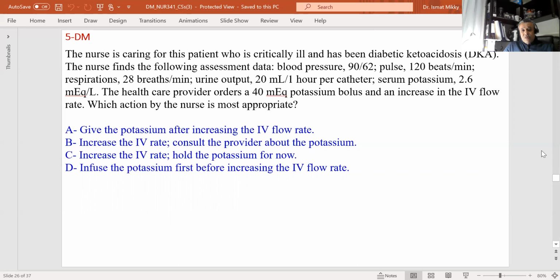Question about the DKA. The answer is B, increase the IV rate, consult the provider about the potassium.